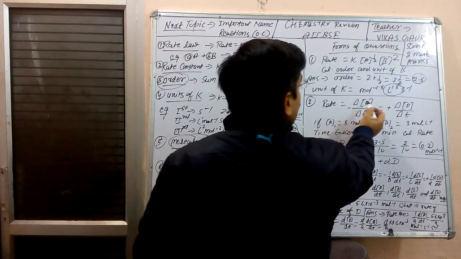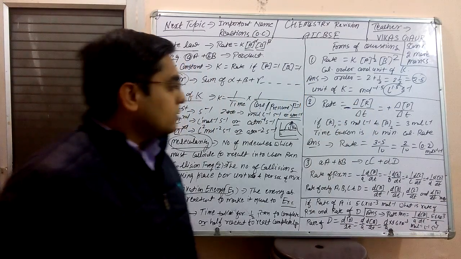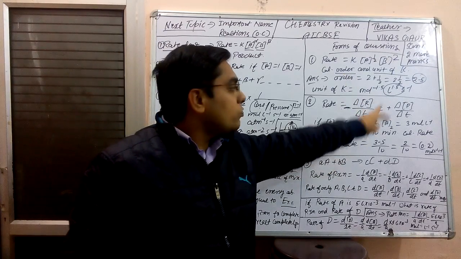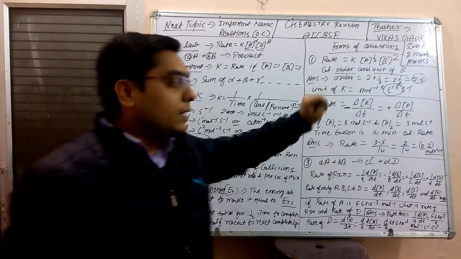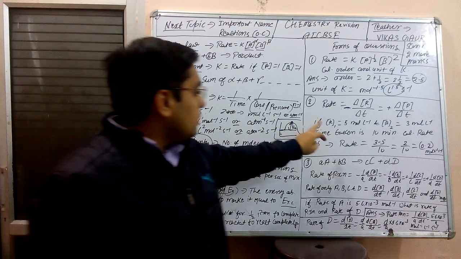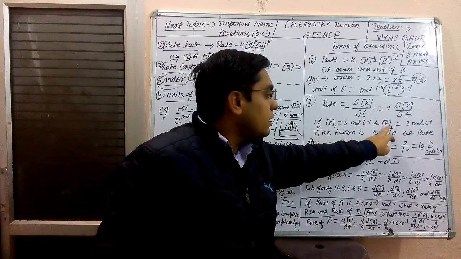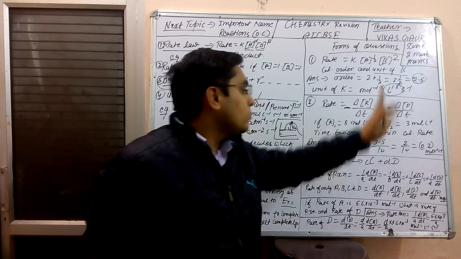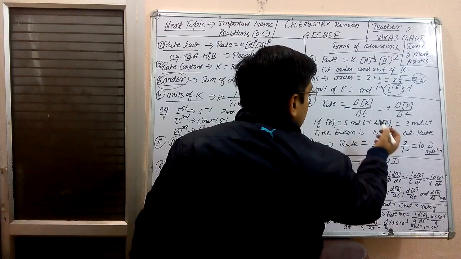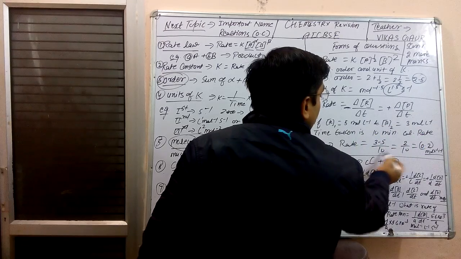Also, the rate of reaction is equal to change in concentration, given a negative sign because concentration decreases, as will be explained here in a numerical, upon change of time, or change of concentration of product by change of time. They are having only positive and negative signs, which is the difference. If concentration of reactant is 5 moles per liter initially and after 10 minutes it becomes 3 moles, then what is the rate of reaction? It is equal to R2 minus R1, delta R, 3 minus 5 upon time 10.